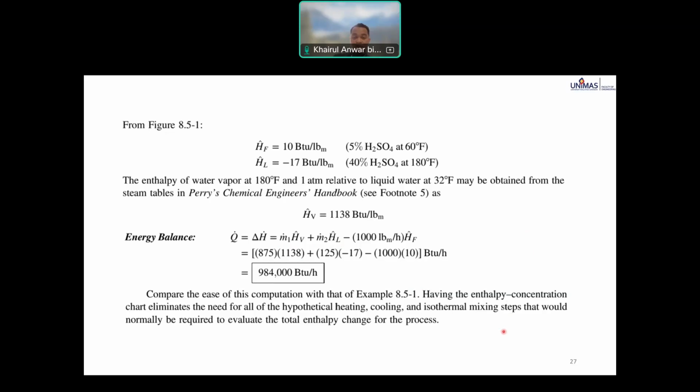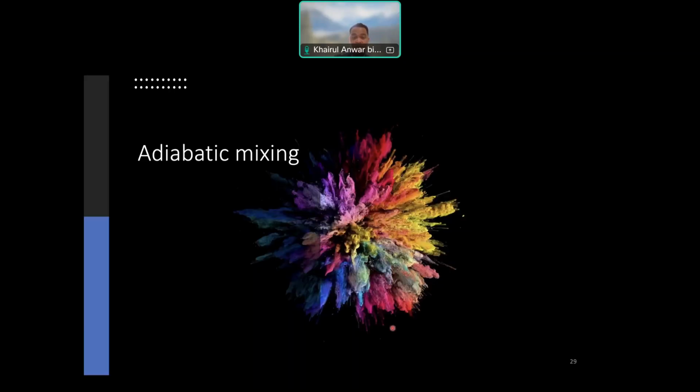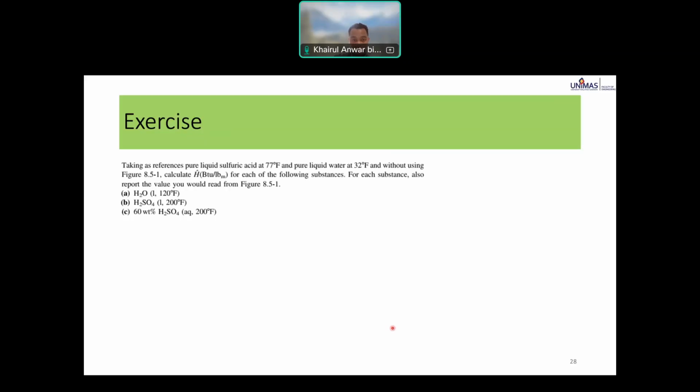So having the enthalpy concentration chart eliminates the need for all of the hypothetical heating, cooling, and isothermal mixing steps that would normally be required to evaluate the total enthalpy change for the process. So this is the exercise.